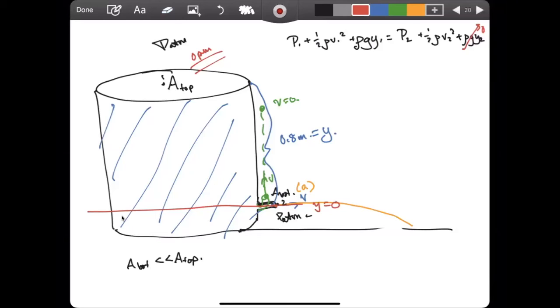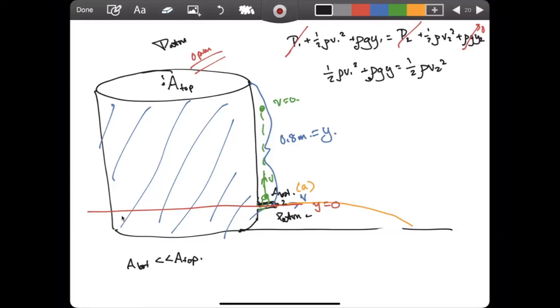And when it comes out, it also has P atmosphere, which means the two pressures are the same. So then we can cancel out the two pressures because they're equal to each other. So we finally get 1/2 the density times velocity V1 squared plus rho times g y is simply equal to 1/2 rho times V2 squared.